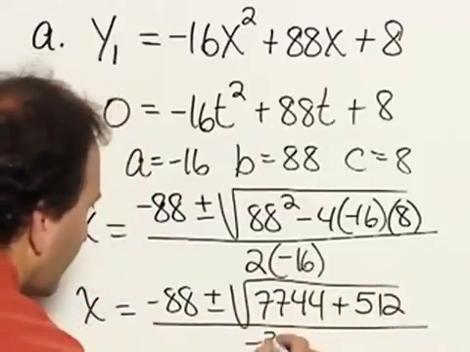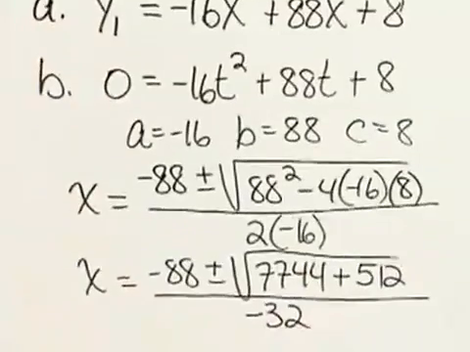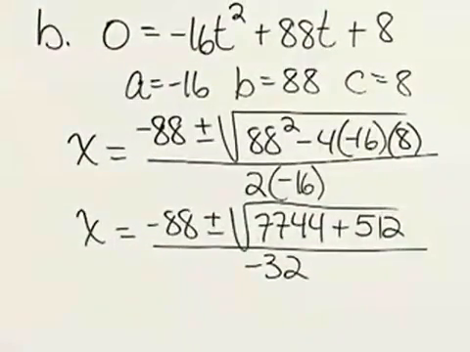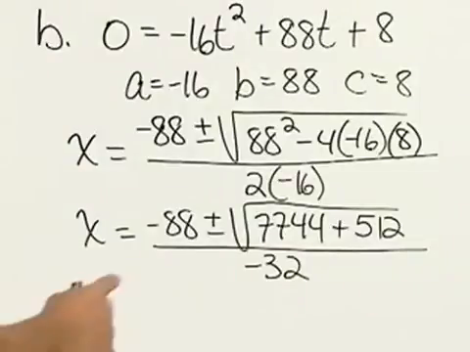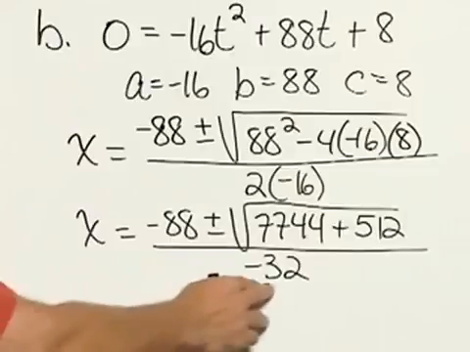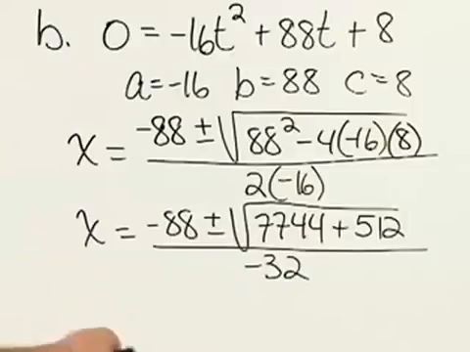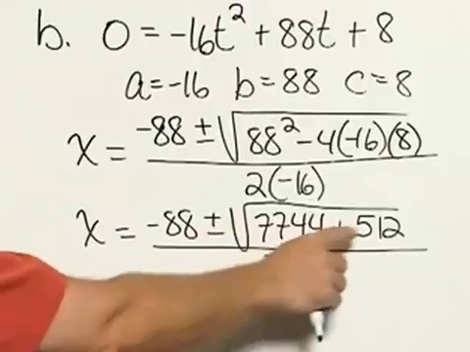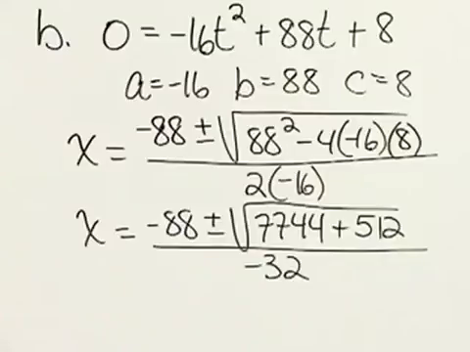And in the denominator, negative 32. If we were to enter all of that into the calculator, we would enter negative 88 plus the square root divided by negative 32, and that will give us one result. And we would enter negative 88 minus that square root divided by negative 32.